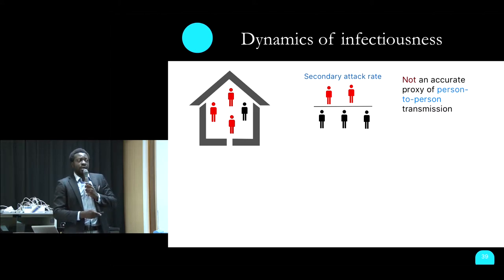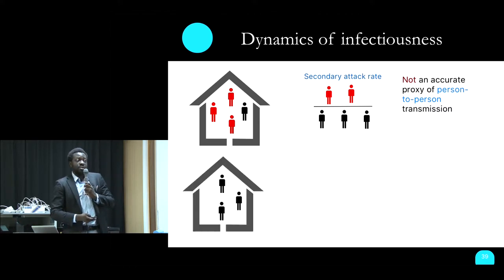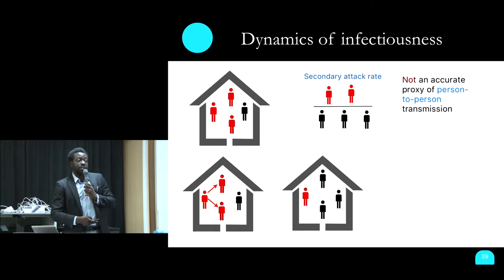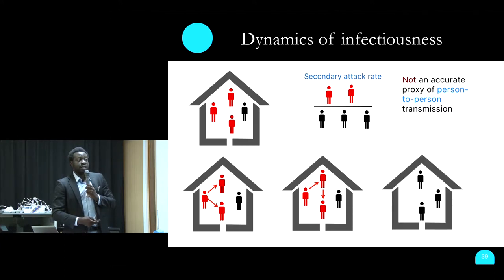But how did the transmission happen? We don't really know. There are many possibilities. For example, the primary case can infect both of them at the same time. Or another possibility, it can infect the one here, and the one up will infect the one down. And one other possibility is that it can go from the one down to the one up.